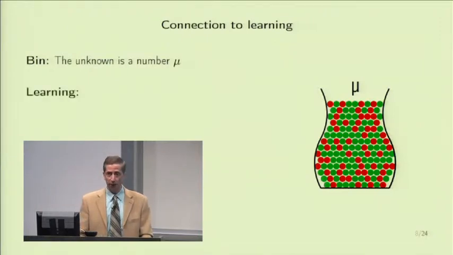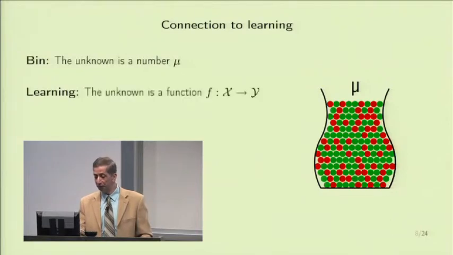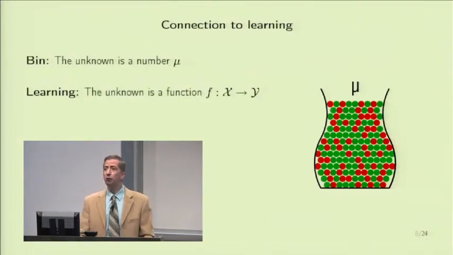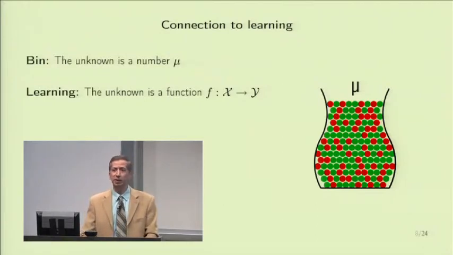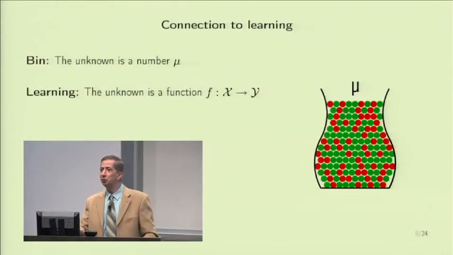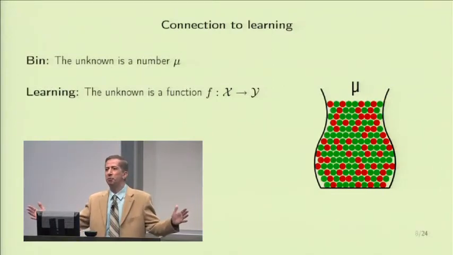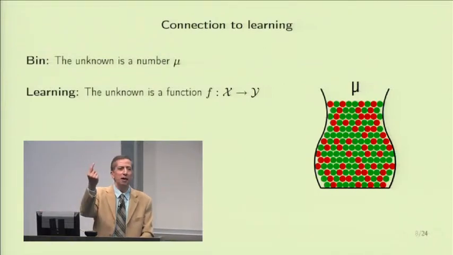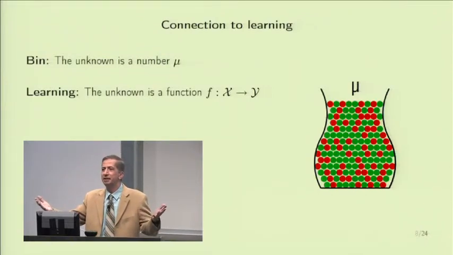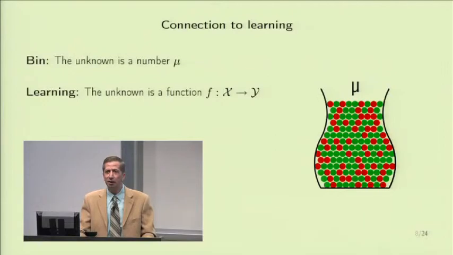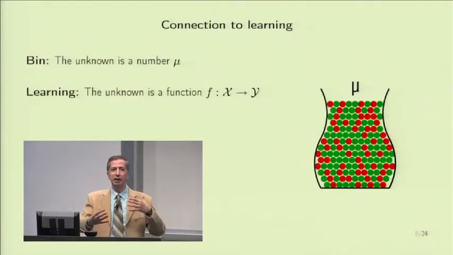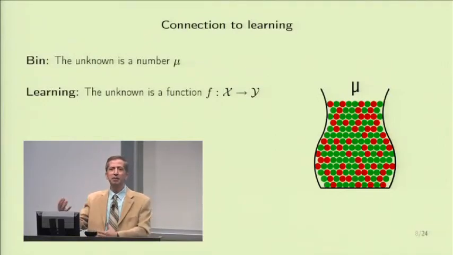In the learning situation that we had, the unknown quantity we would like to decipher is a full-fledged function. It has a domain X that could be a 10th order Euclidean space. Y could be anything, could be binary like the perceptron, could be something else. That's a huge amount of information. The bin has only one number. This one, if you want to specify, that's a lot of specification. So how am I going to be able to relate the learning problem to something that simplistic?